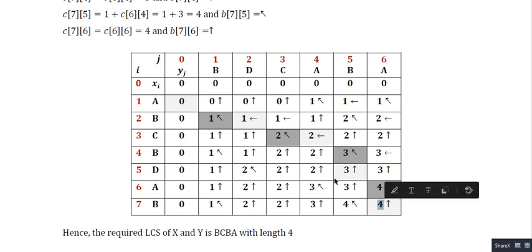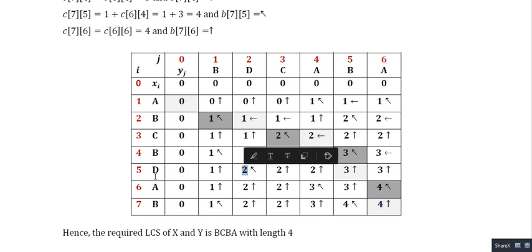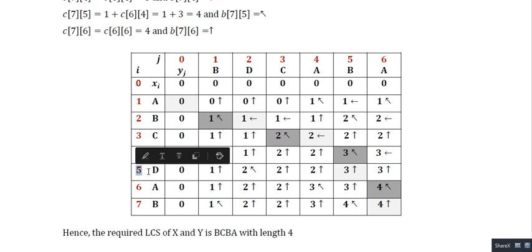Randomly you come here, so this represents what? 5 2. So these two represent the length of the LCS of two sequences x and y, where x contains 5 characters and y contains 2 characters, right?